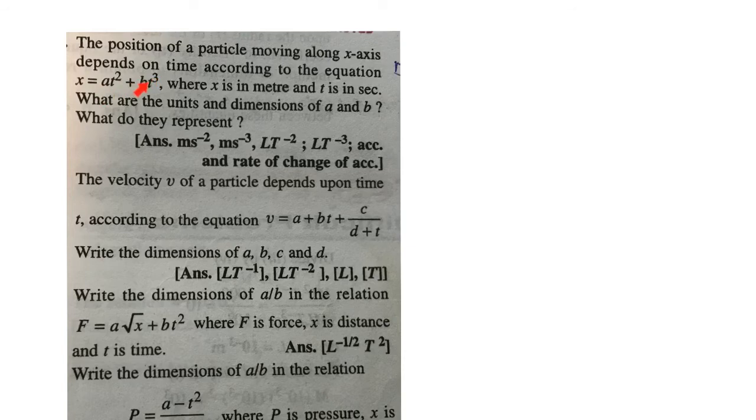Length plus length gives length. It means the dimensions of x must be equal to the dimensions of at square, and equal to the dimensions of bt cube. Class, correct? Many times we have discussed this: we can add only the same dimensions.